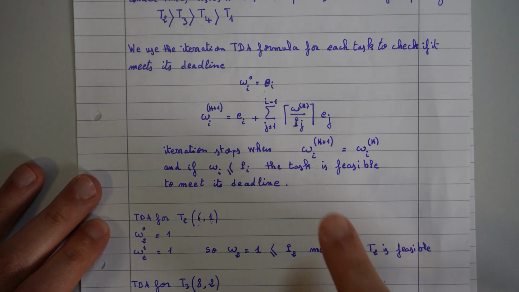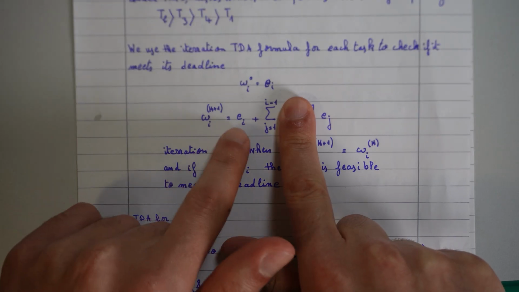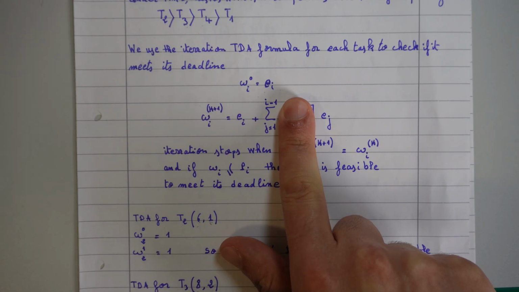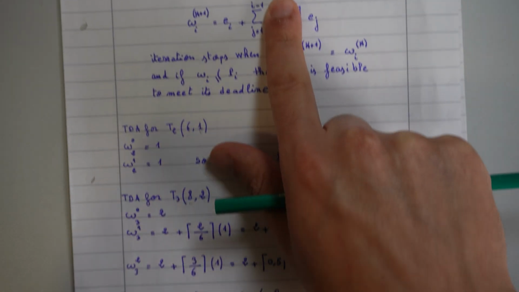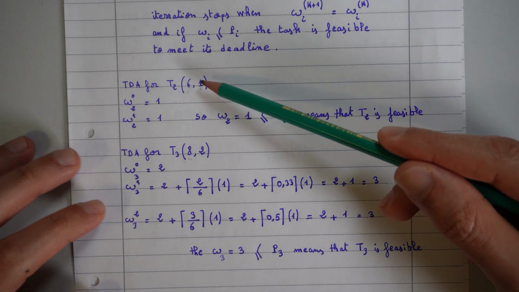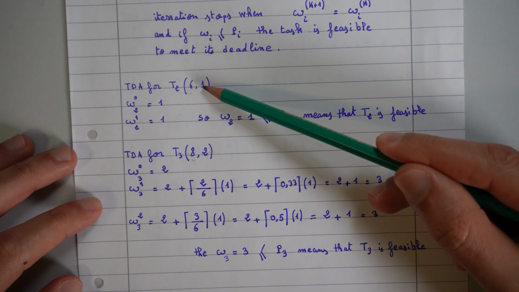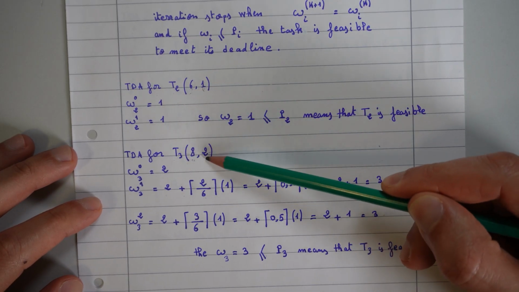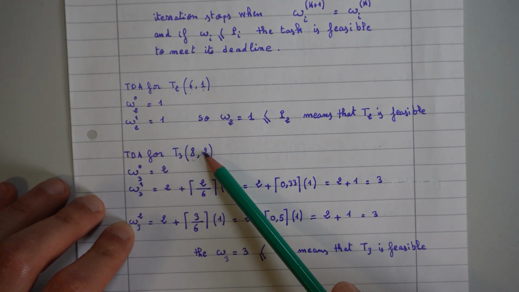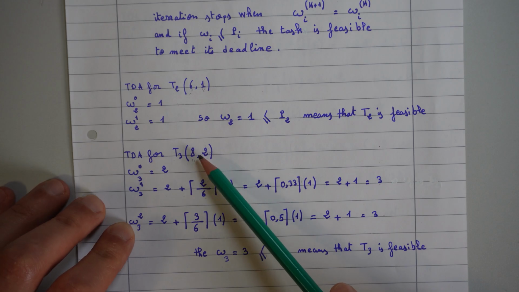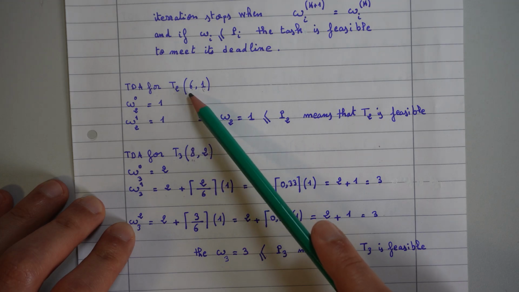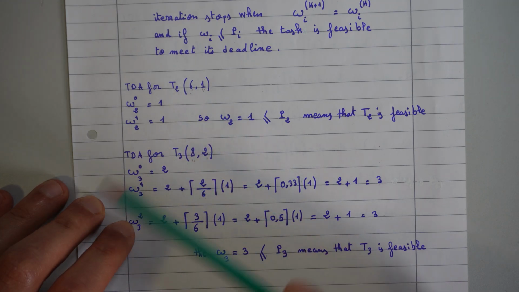We will not consider this term and will only add the execution time of the task plus the higher priority task's execution time. So we can do a shortcut of adding only task 2 execution time plus task 3 execution time. For example, if we had task 3 execution time equal to 7, then we cannot do this shortcut because it is more than the higher priority task period, which is 6 over here.